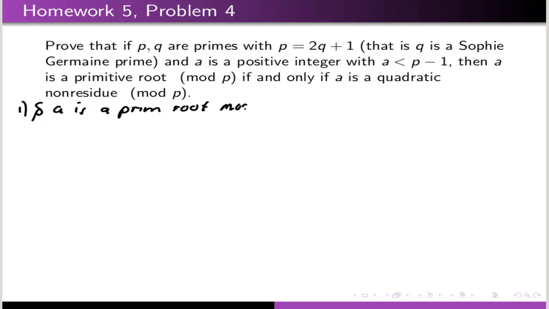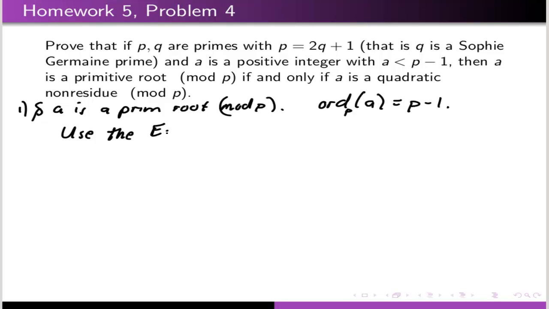What does that mean? That means its order is p minus 1. And I want to prove that a is a quadratic non-residue. Well, what is our test for determining whether something's a quadratic non-residue? We have the Euler criterion. So just use the Euler criterion.